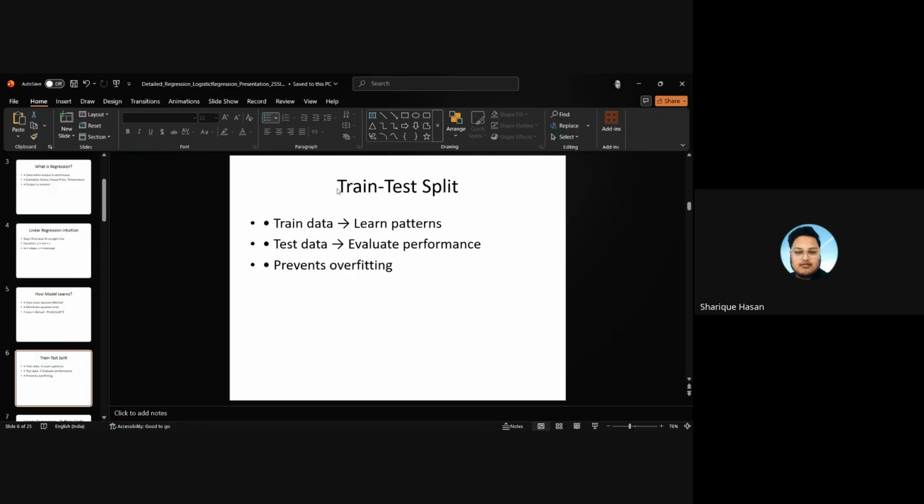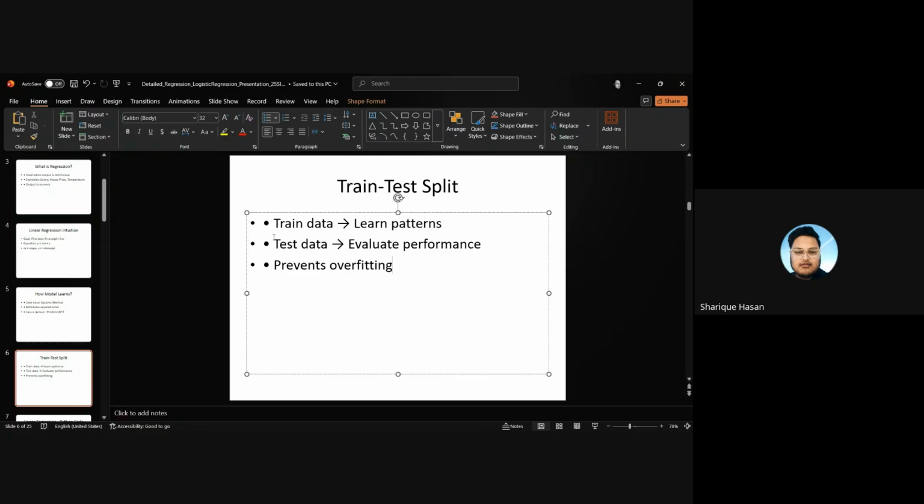I think I have already explained train and test split several times. Train data is for learning patterns. We split data into train and test. We train the model on the training data, which learns the patterns and categories, and then we test it. Why do we test?